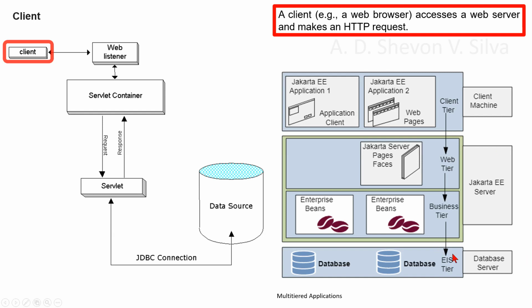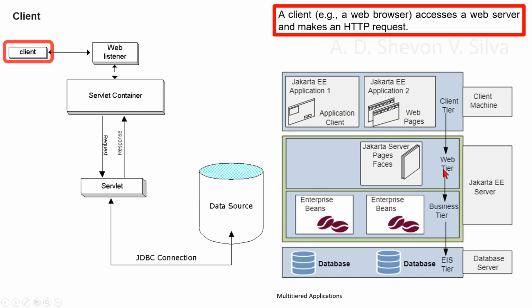This figure shows two multi-tiered Jakarta EE applications divided into tiers described in the following list. The Jakarta EE application parts shown in this figure are presented here. Client tier components run on the client machine.